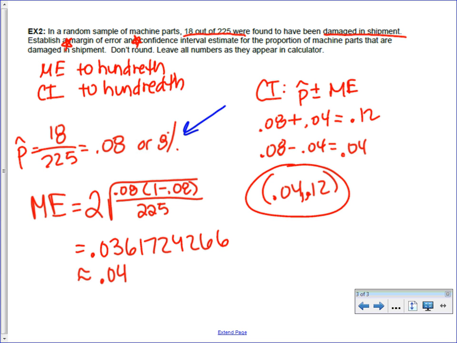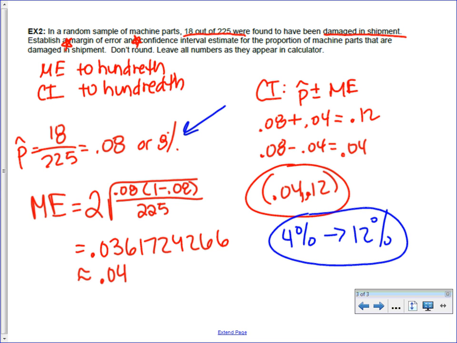But again, that was a small sampling. That was just 225 machine parts, and we found that 18 of them were damaged, so that's 8% are damaged. So that's kind of a big generalization to make when you take such a small sampling. So the confidence interval is telling us what might be more accurate for the whole population of machine parts: that between 4% and 12% of them get damaged in shipment.